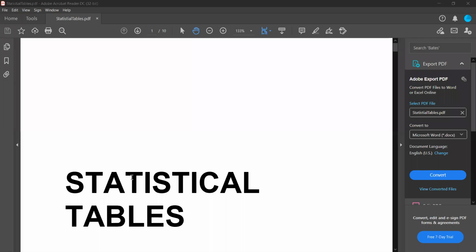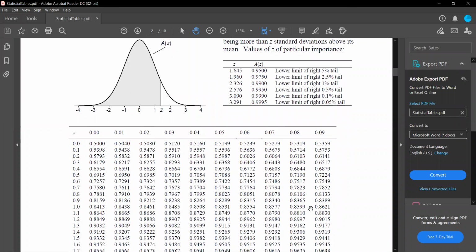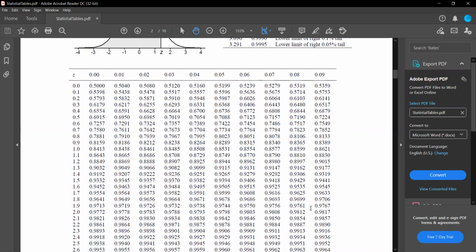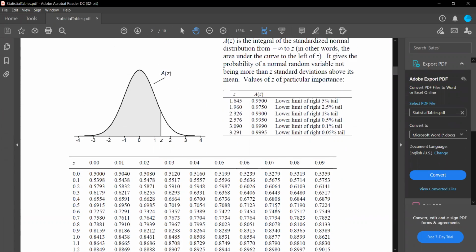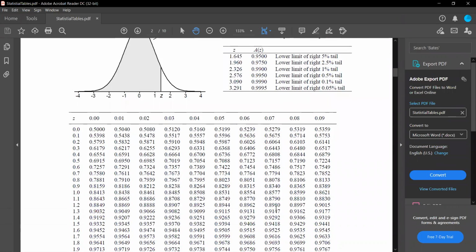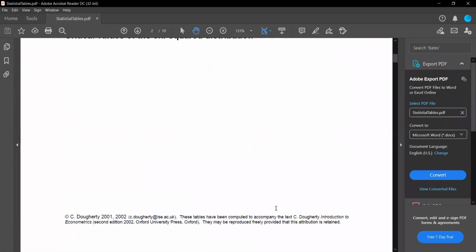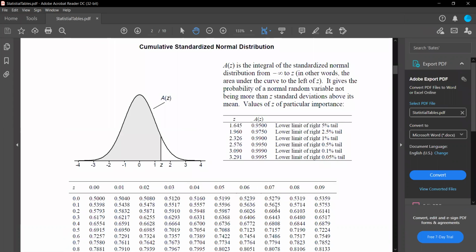So let me project the table that you are supposed to read your information from. Let me try and get to the table so that things will be simple for us.